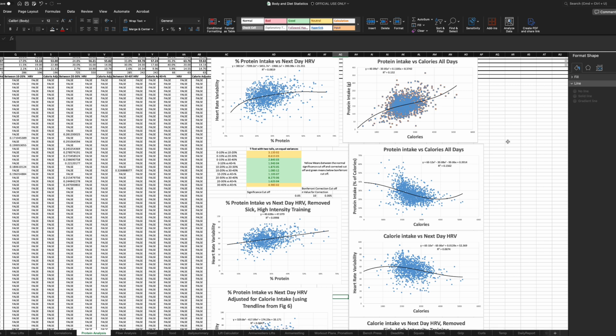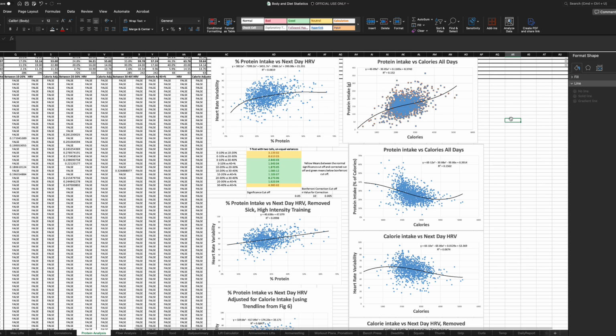They're thinking, how can you have 40% protein intake, you must be on a fasting diet with less than 1,000 calories. And you can see here, I rarely have less than 1,000 calories, and the protein is pretty much correlated with the calories strongly.